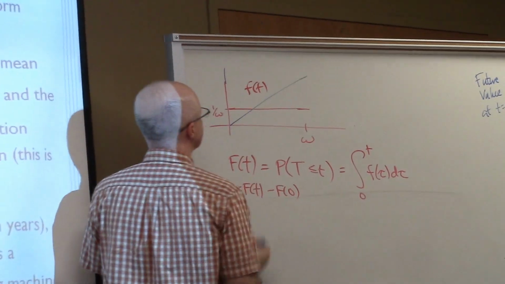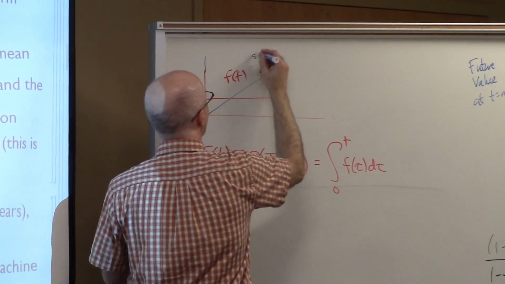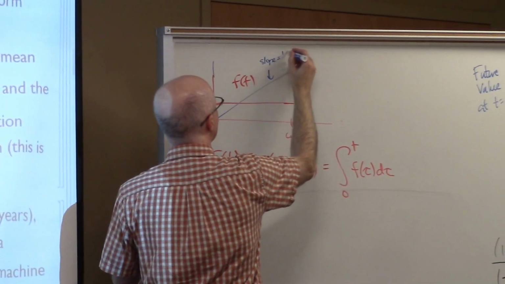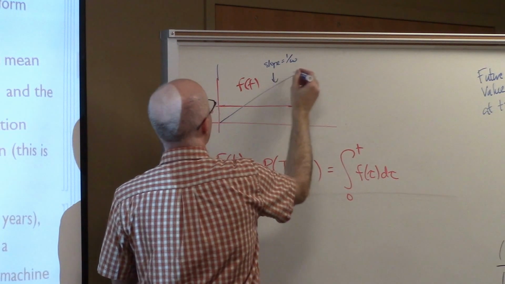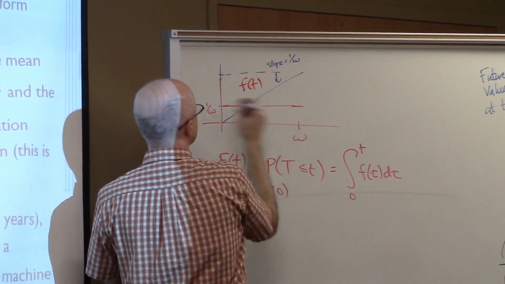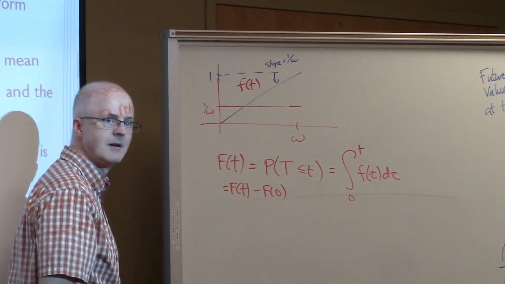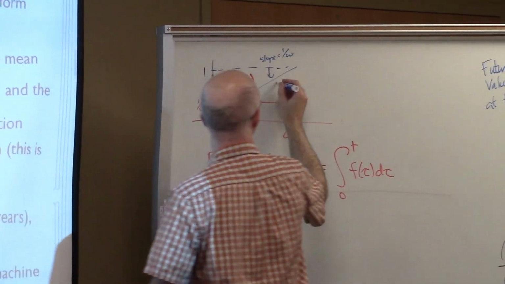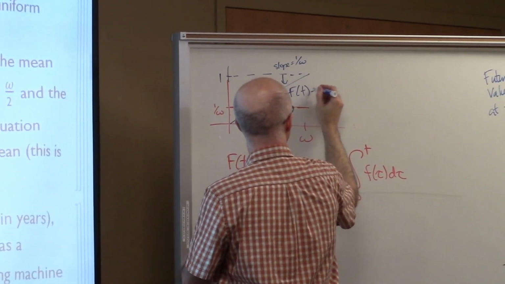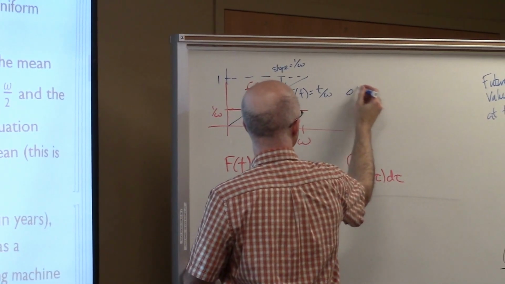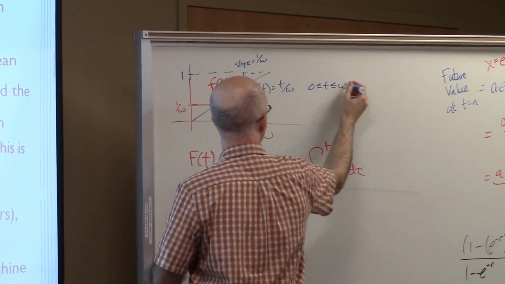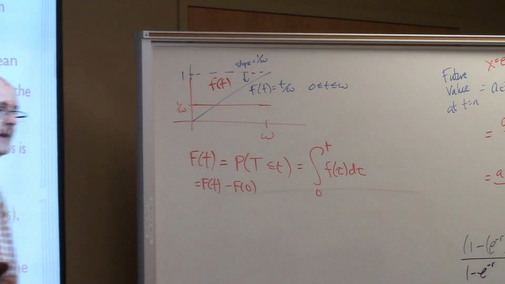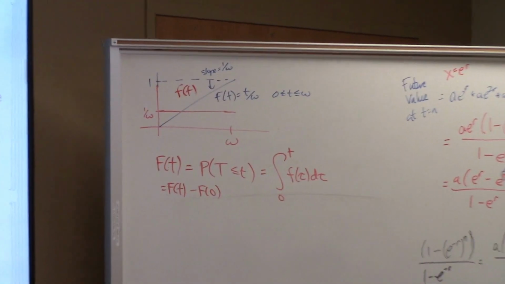It's a straight line with a slope of 1 over omega. And its value at time equals omega is 1. The formula for capital F is t over omega when t is between 0 and omega. It's an antiderivative of the red graph. Its derivative is the red graph. Right? The slope is 1 over omega.